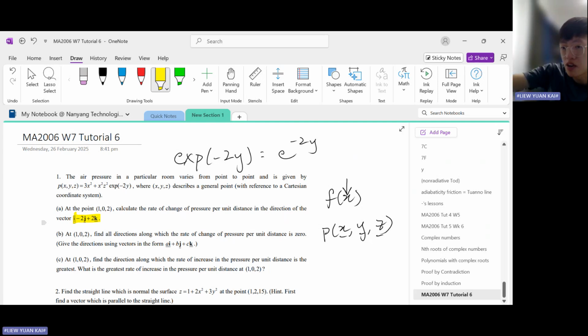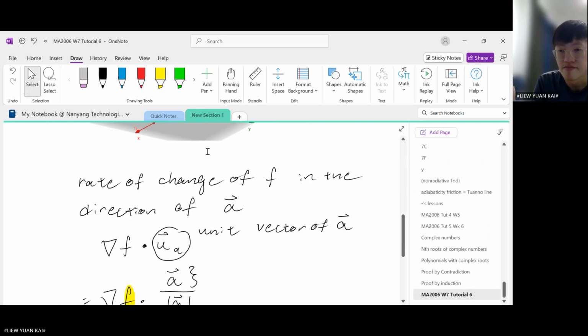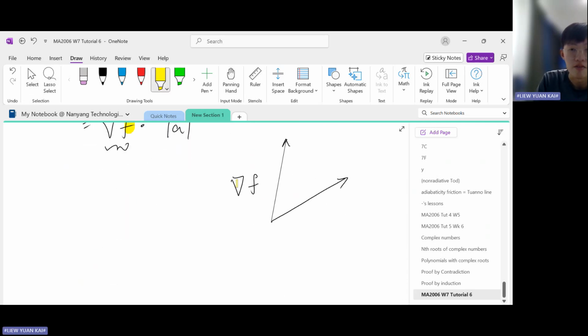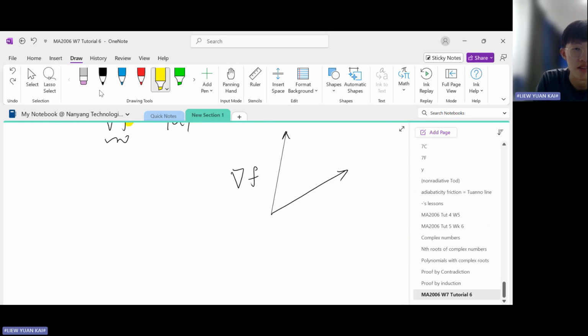If you move across in this direction, the rate of change of temperature might not be the same as moving across in this direction. Different directions have different temperature gradients, meaning how much the temperature changes per unit meter. But in this case, we're doing pressure, which is similar in concept. So we have the rate of change, but we also need to specify a direction. Let's say we specify it using the vector a.